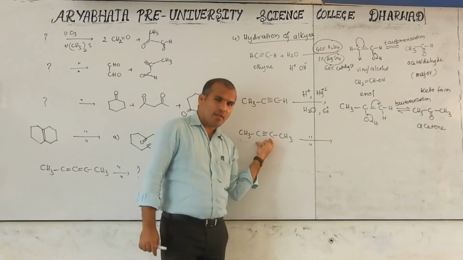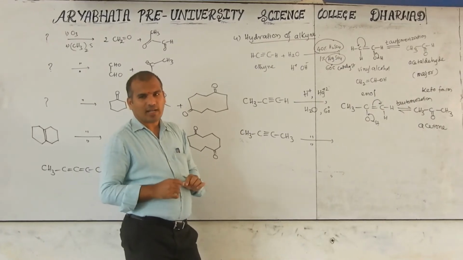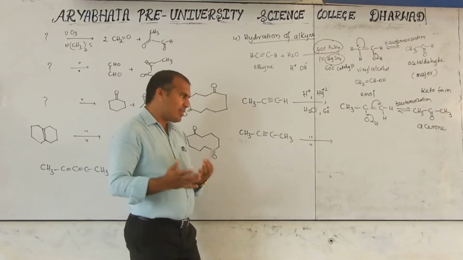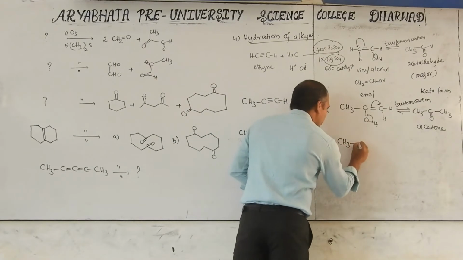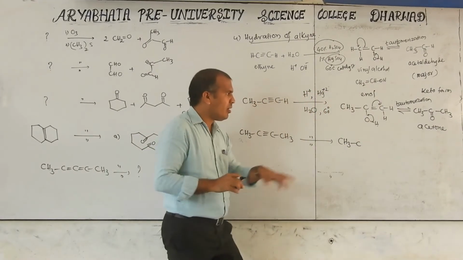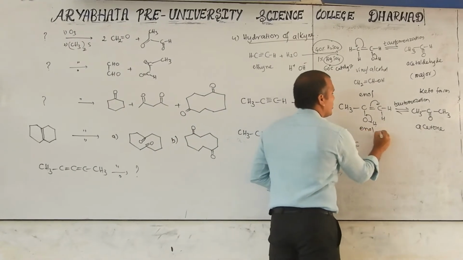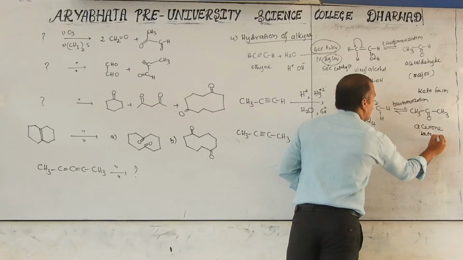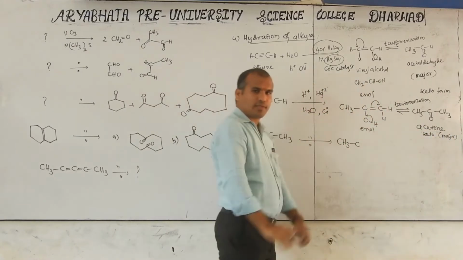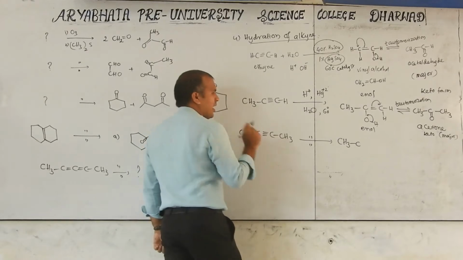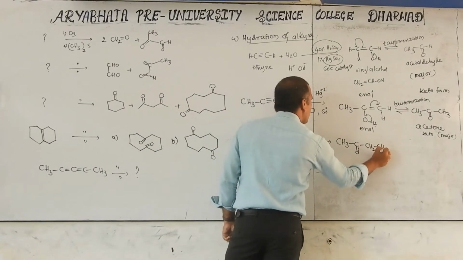But here both sides have no H, so it can attack on any one side. If it attacks on either side, what product is formed? I am writing that product, not the enol form; this is the enol form, and this is the ketone form, which is major, so only the major I am writing as the product. If the left side is attacked, we get double bond O, CH2, CH3.